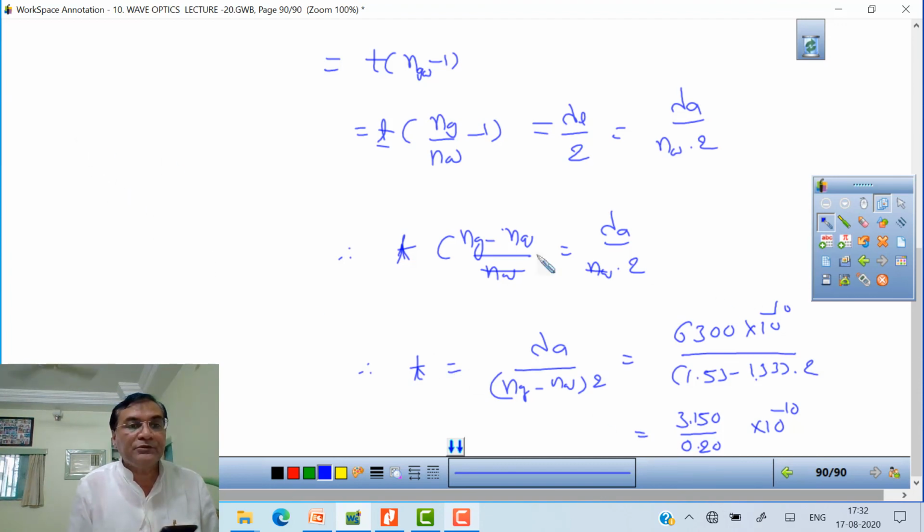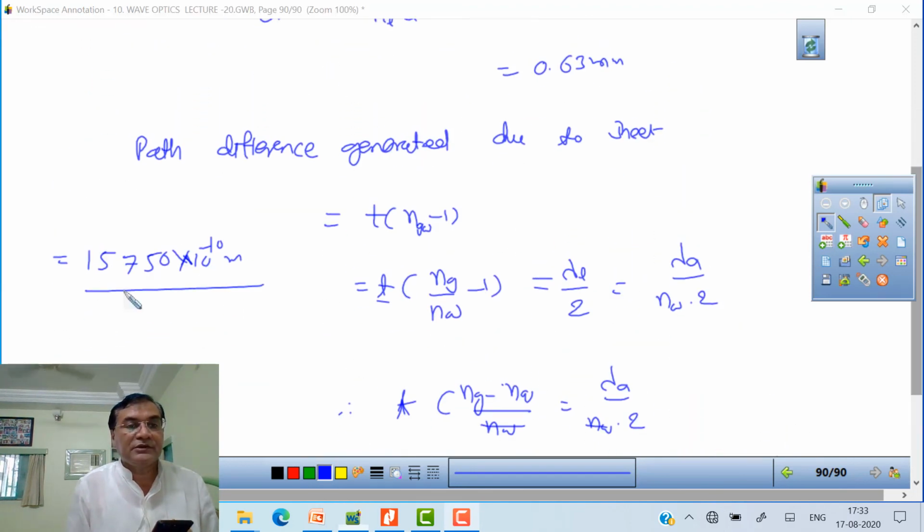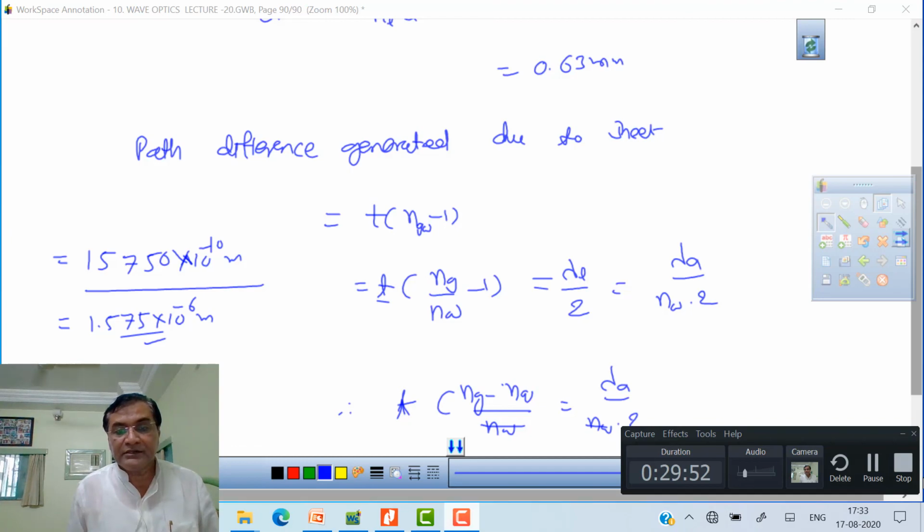You divide by 0.2, it becomes 15750 into 10 raised to minus 10 meter. Now whatever is required, you can do the conversion. Here the answer given to you is 1.57. So I can write 1.575 into 10 raised to minus 6 meter. Okay, so this is a very good problem and you can do it. Okay, we will stop here. Thank you very much.